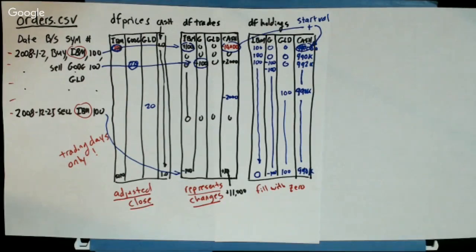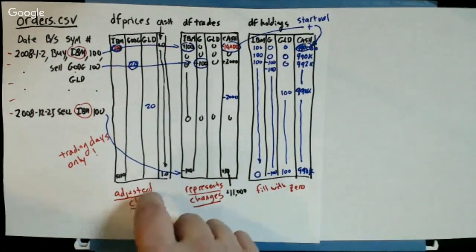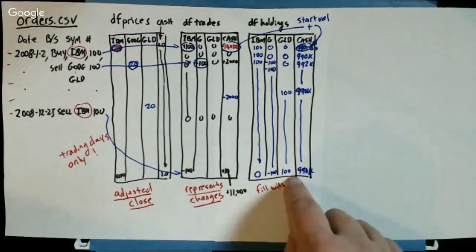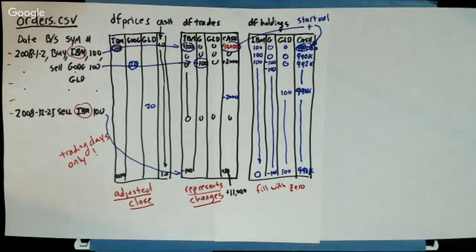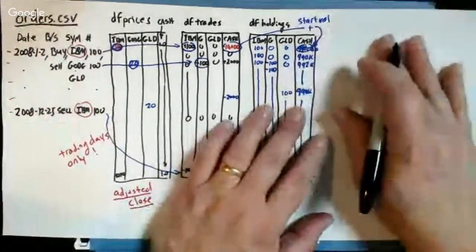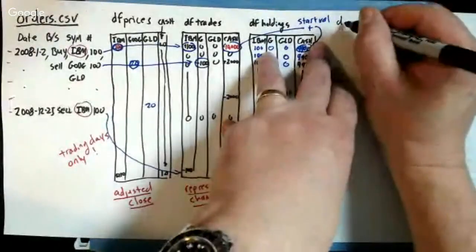We're almost there. We're getting really close to the end. So we've got our orders file, we've got the prices matrix, we've got trades, which are changes in holdings, and now we've got our accumulated holdings. Let's add now DF value.